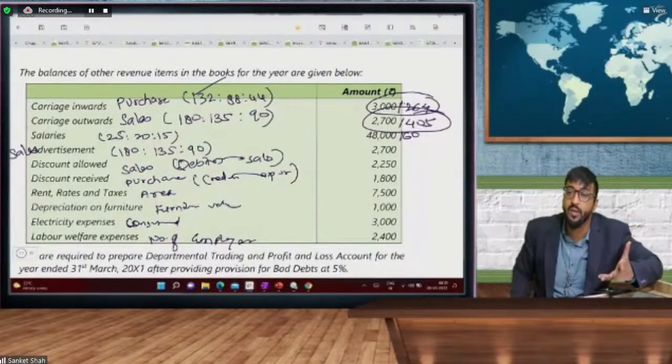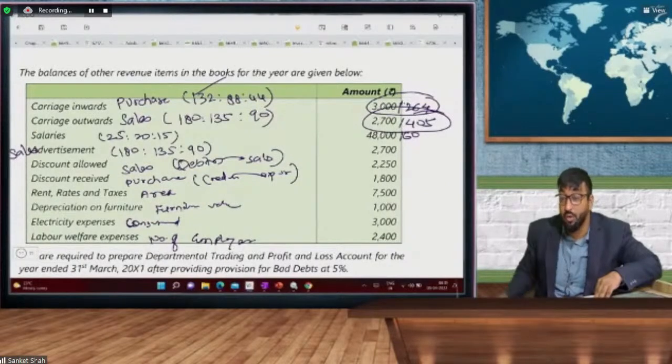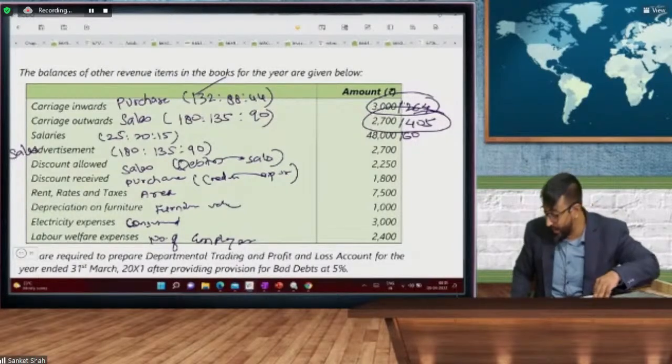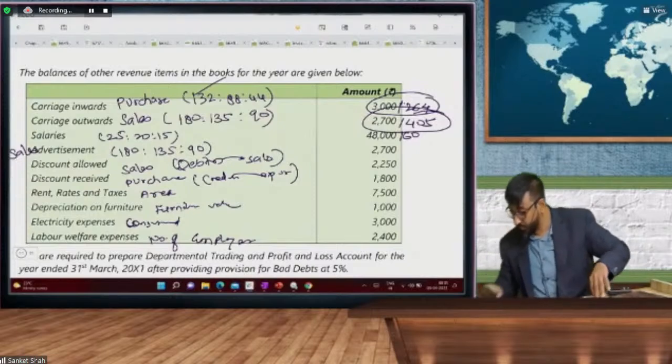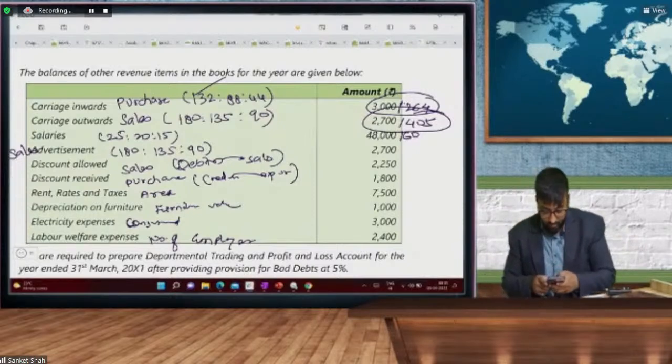To whom you are giving a discount in a single entry, you are going to understand this. Discount allowed is a debtors को हम लोग discount allow करते हैं. And discount received, we got discount because we will pay less amount. So creditors, rent area, depreciation, furniture, electricity expense, which is electricity consumed, and labor is also. Very good.